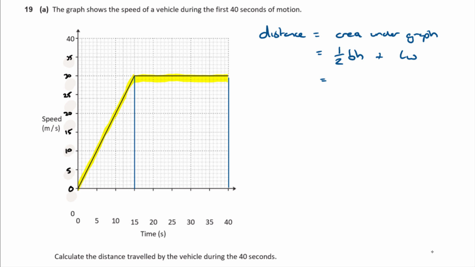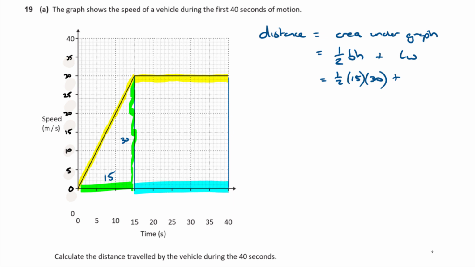So half base times height. Now this triangle part, what is the base? The base is 15, and the height, this distance down here, what's that? That is going to be 30 then. So it's got a base of 15 and a height of 30. So that's a half times 15 times 30 plus length times width of the rectangular part.